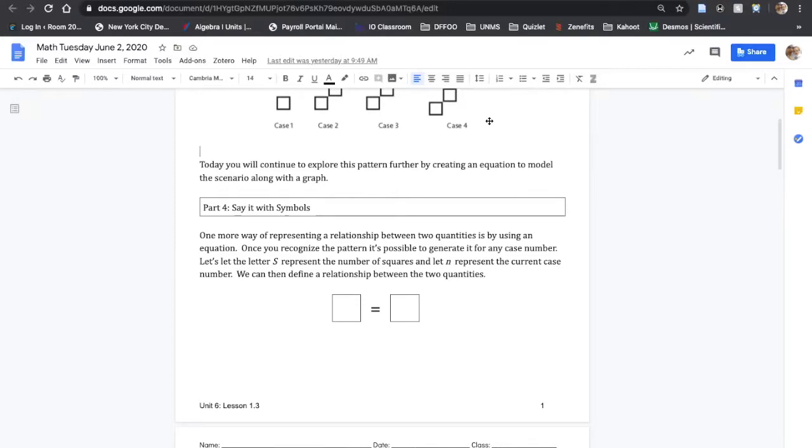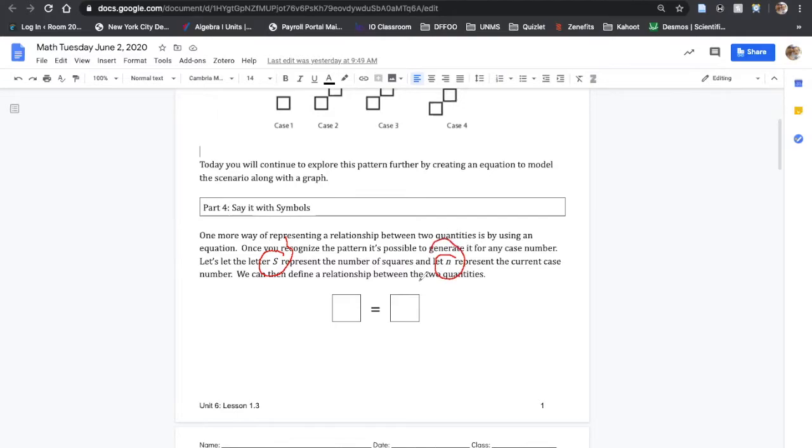Okay, so first thing when you're making an equation is just identifying some variables that you're going to use, right? Remember, a variable is really just a placeholder for something. So we're going to say that the letter S is going to represent the number of squares that we have in any particular case, and the letter N is going to represent what case we're currently on, right?